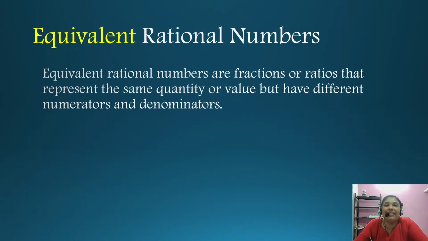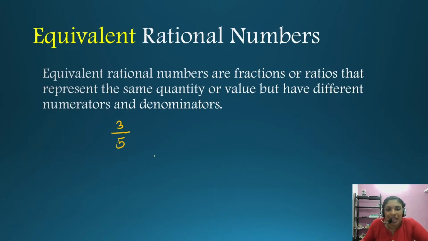Next comes equivalent rational numbers. Equivalent rational numbers are fractions or ratios that represent the same quantity or value but have different numerators and denominators. Let's see. 3 by 5. This is a rational number, right?